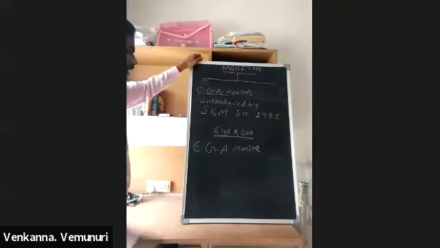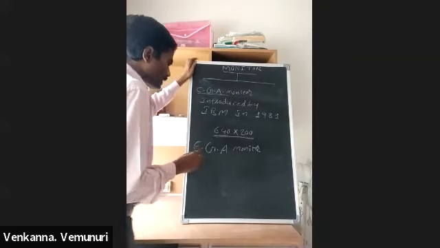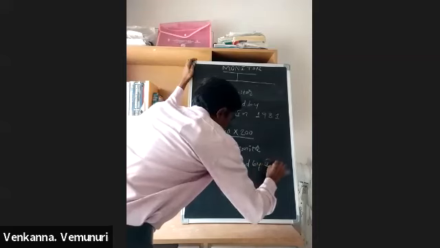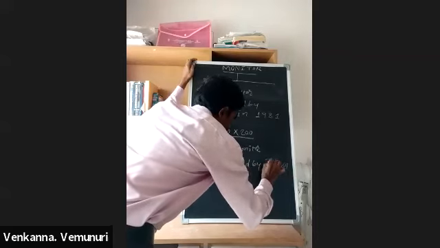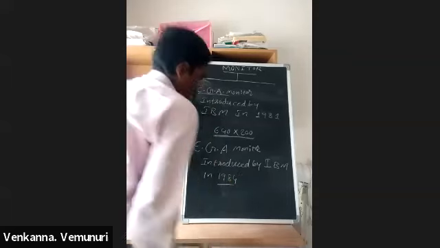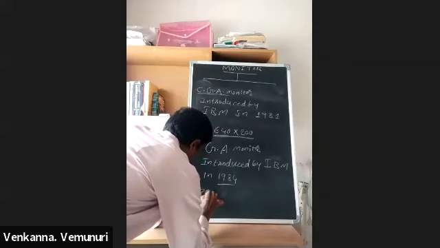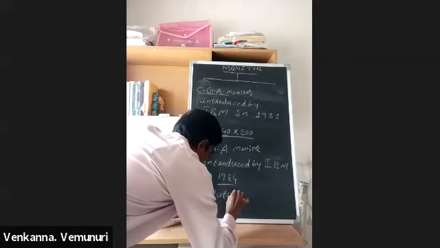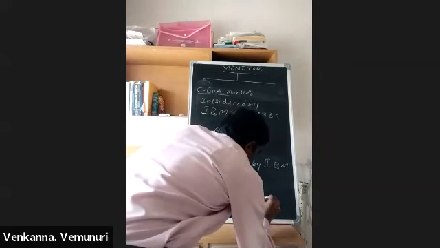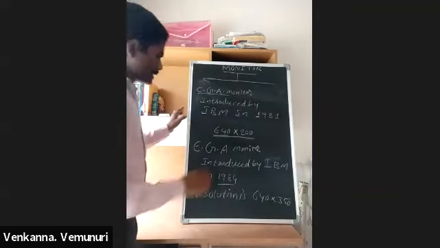Enhanced graphics adapter monitor was introduced by IBM company in 1984, and this monitor resolution is 640 by 350. This is the EGA monitor resolution.